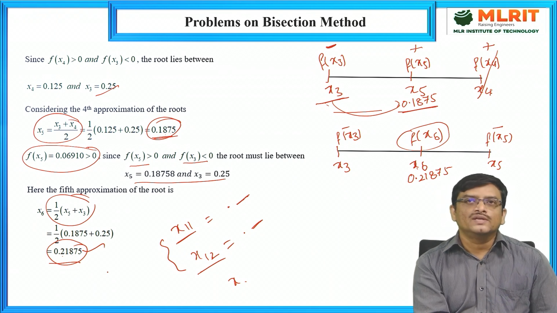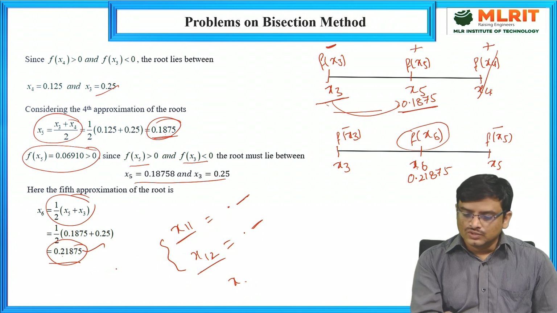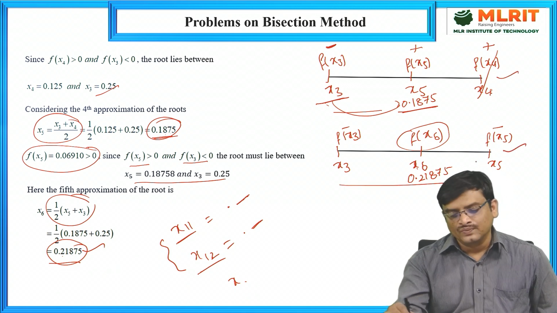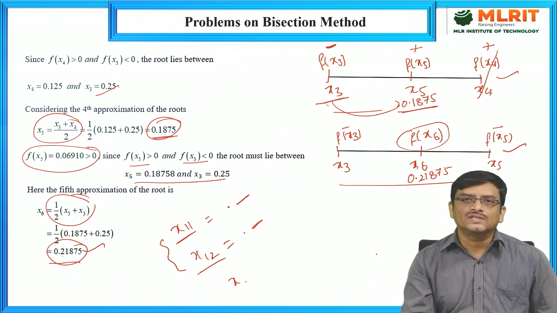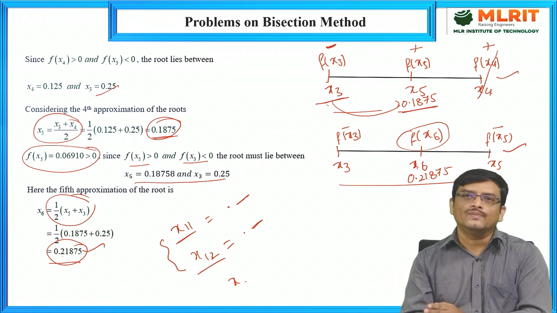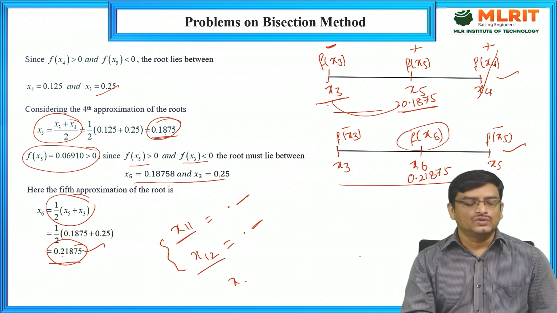So this bisection method is one of the iterative methods to find the root of the given equation. So this is about the bisection method. Once you represent the values in figures like this, we can clearly understand and decide which number to eliminate and which one to consider for the next approximation.